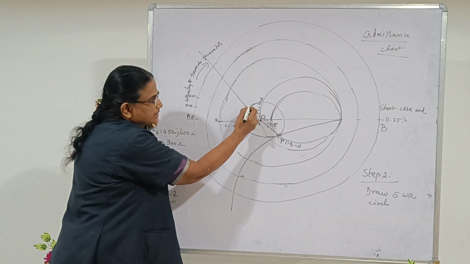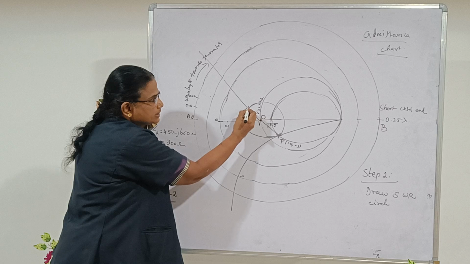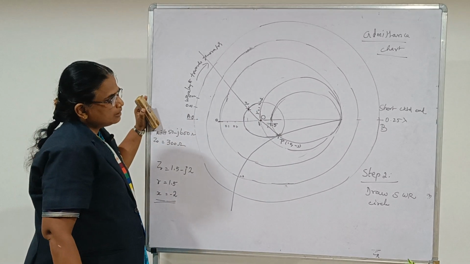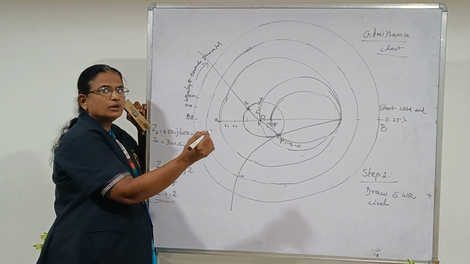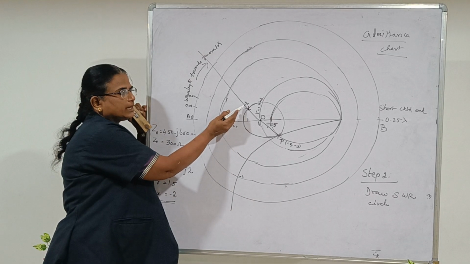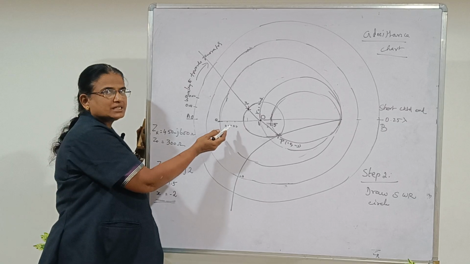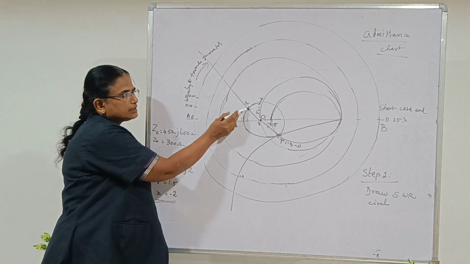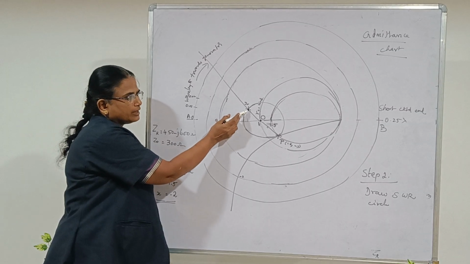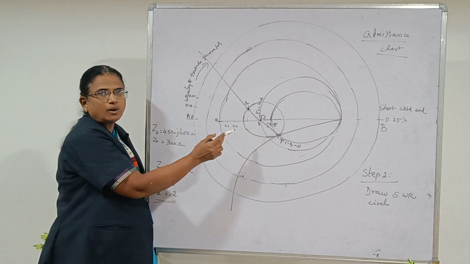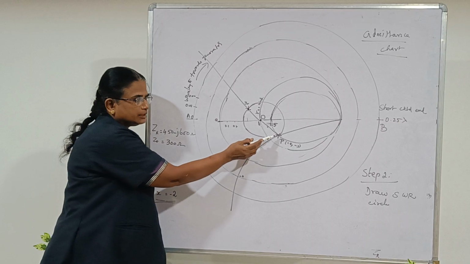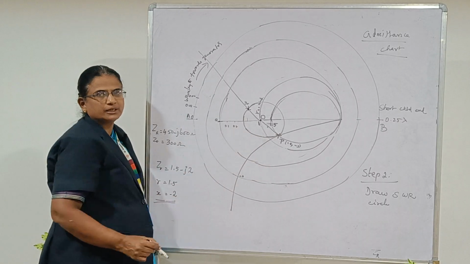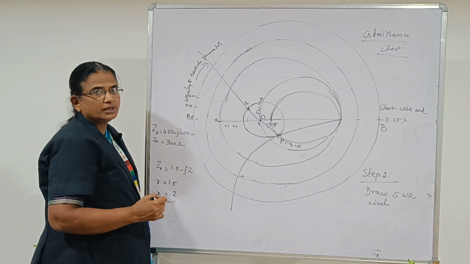The line cuts the SWR circle at this point. So this gives the normalized admittance. It is not necessary to locate the corresponding conductance and susceptance values. It is enough if you mark this normalized admittance as YR. The diametrically opposite point of the normalized impedance plotted in the chart is nothing but the normalized load admittance.